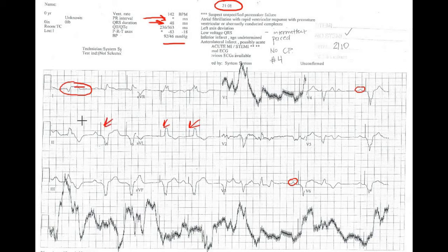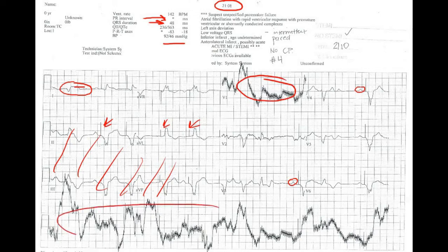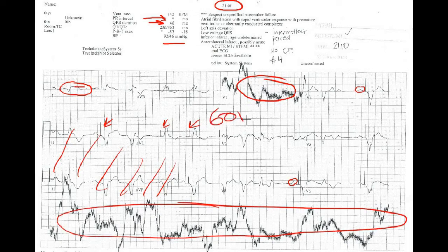Paced beats here as well, so no joy in looking at the inferior stuff. And then, come on, people, take some pride. This is what's called 60 hertz interference. 60 hertz is the cycle rate of electricity, which means there's something electrical interfering with this signal.